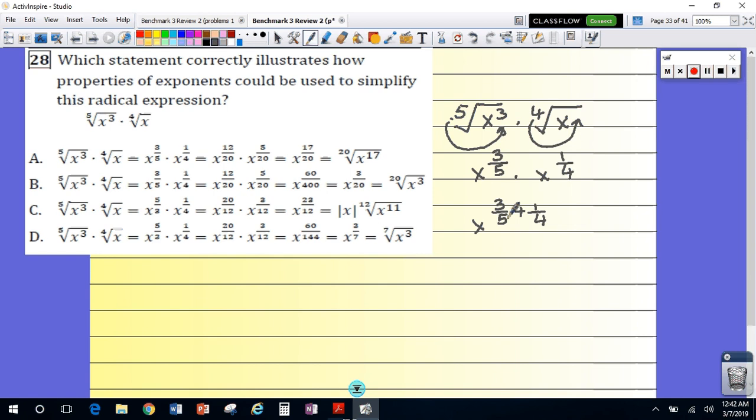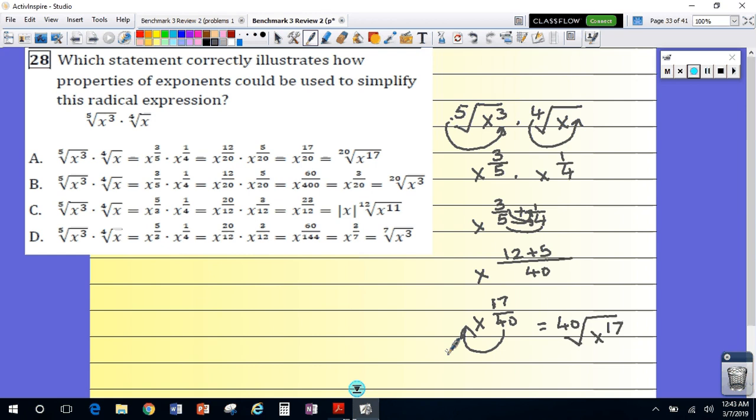Okay, now let us simplify this one. So again we have different denominators here. So multiply the denominators, cross multiply it. 3 times 4, that is 12. 5 times 1, that is 5. So which equals x to the exponent 17 over 40. So again we'll bring down this one as the radical, that is 40th root of x to the exponent 17.